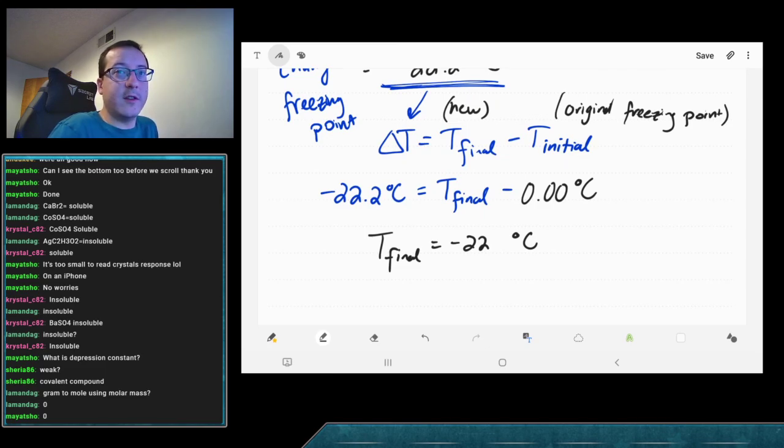So we did all this work to kind of illustrate why the vodka does not freeze in the freezer. Because all this solute stuff will interfere with water molecules freezing, it's going to lower the freezing point.